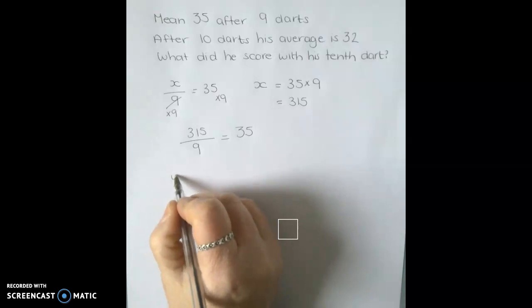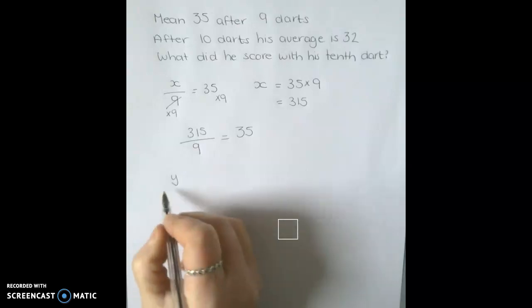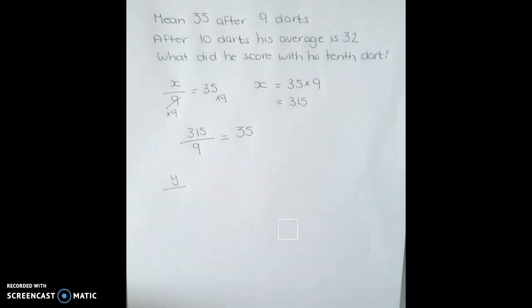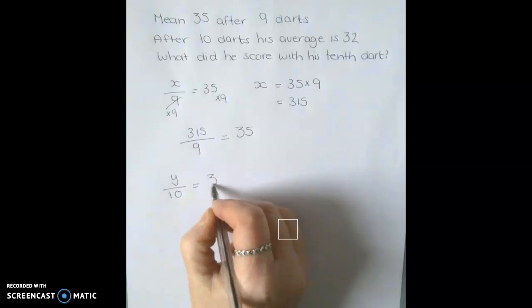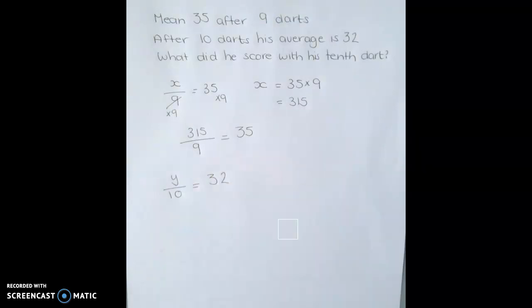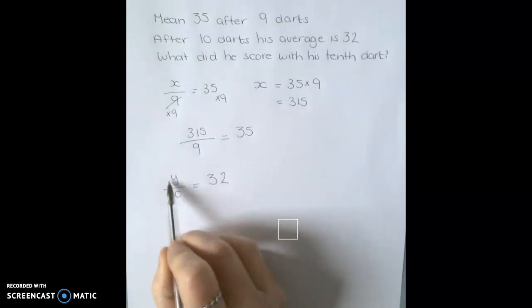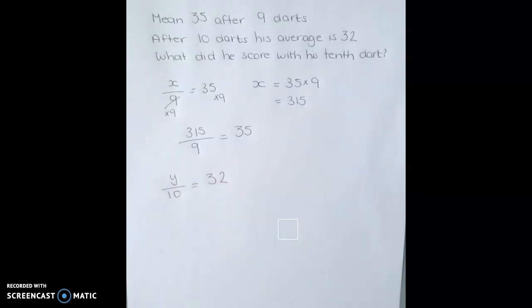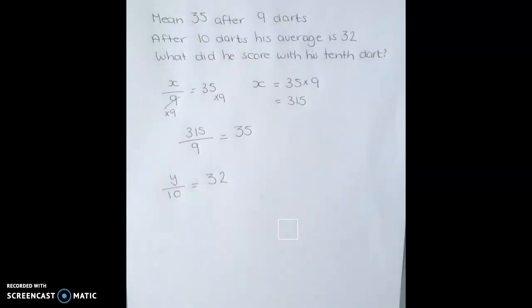So we'll call this number y, the new total, because we don't know what his 10th dart scored. This time it is divided by 10 because he threw 10 darts this time, not 9 darts, and the new mean became 32. So again, we've got 2 out of the 3 that we need to solve this problem, and we can work out the missing value.